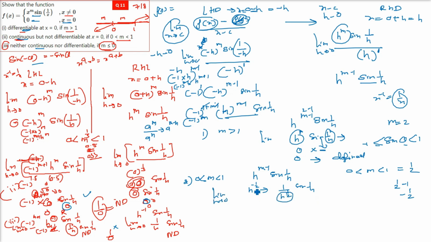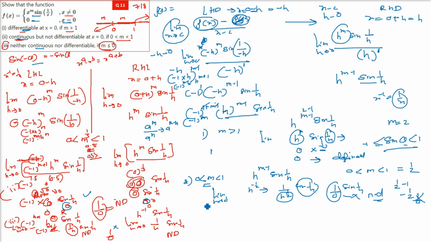Sine 1 by h doesn't matter because it will always be between minus 1 and 1. But in the denominator, you'll get just 0, and under root of 0 is 0. 1 by 0 is infinite, undefined. So when it is undefined, the function is not differentiable. It was continuous, but it is not differentiable because it is 1 by 0.